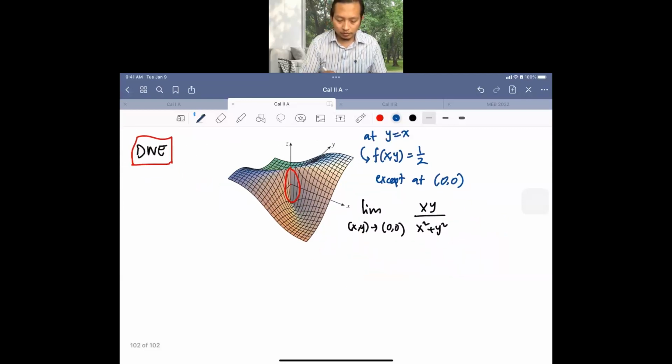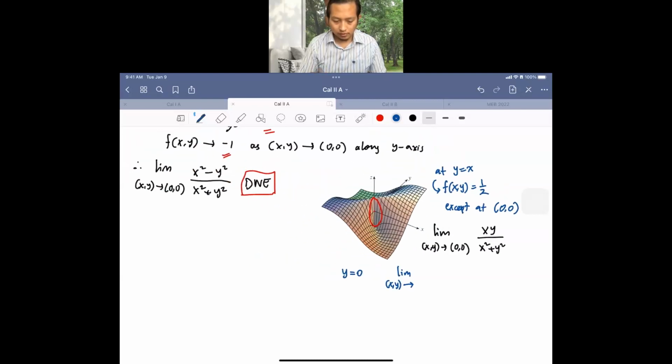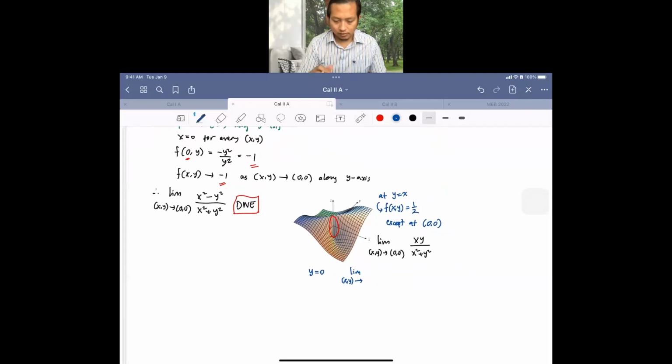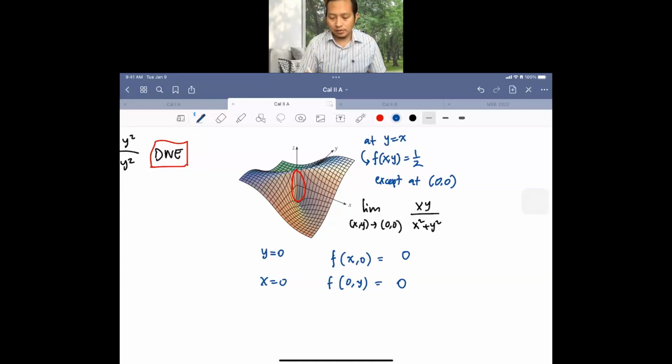When y is 0, then we can check the limit. This will be 0. When x is 0, this is 0. Now you might think that it's equal and maybe it exists.